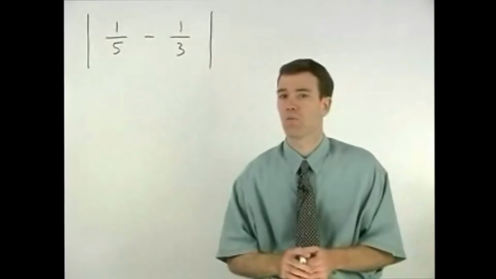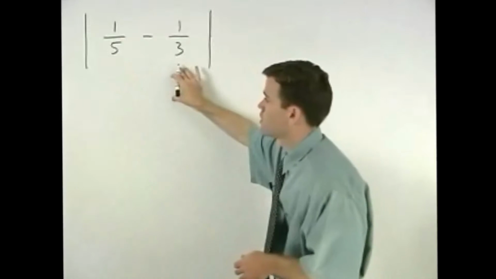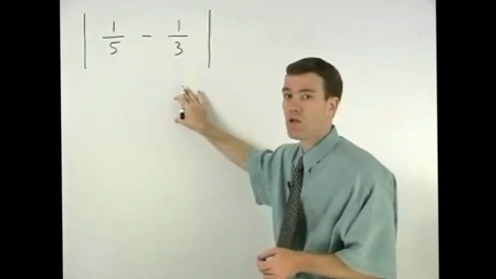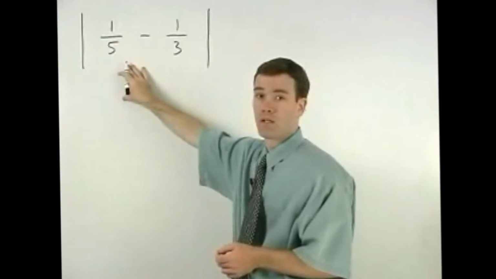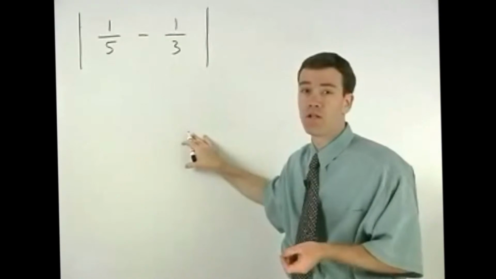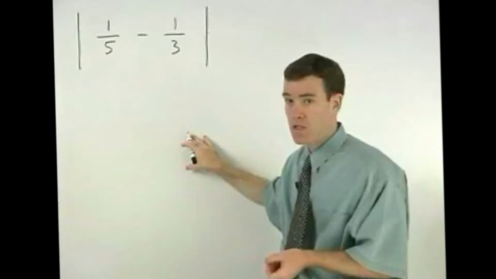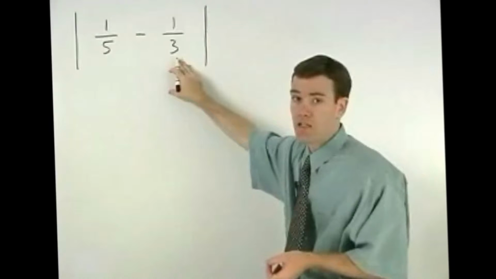To simplify this problem, the absolute value of 1/5 minus 1/3, we start by simplifying inside the absolute value. To subtract these two fractions, we need a common denominator. And the common denominator for 5 and 3 is 15.